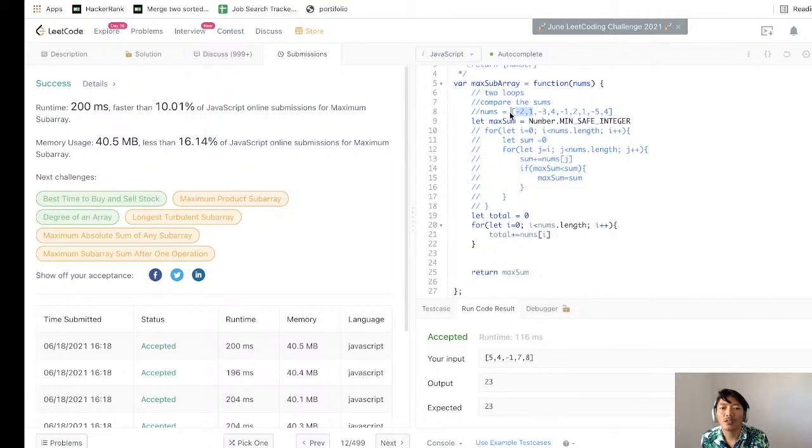So we will add this, and if the sum is less than 0, then we will move both of them.